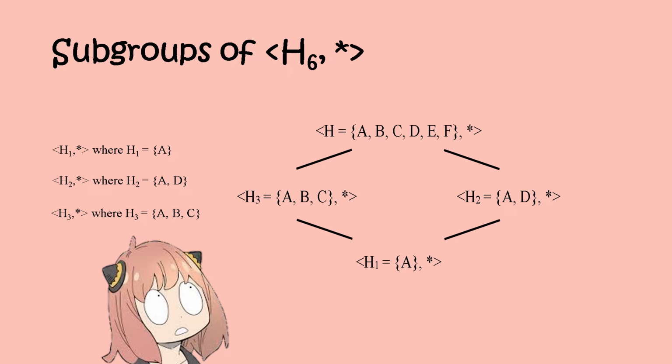This means the improper subgroup is at the top, which is the H sub 6 or the group itself, then in the middle, the H sub 3 and H sub 2, which are the proper subgroups. Then in the bottom part is the H sub 1, which is the trivial subgroup.